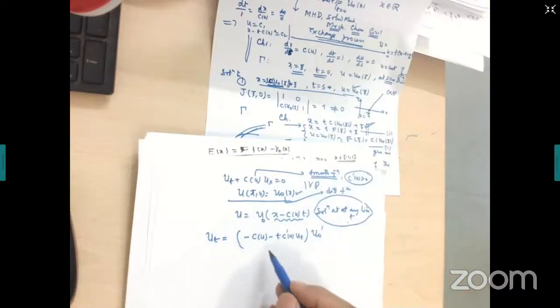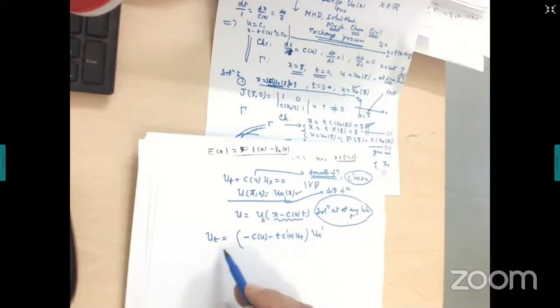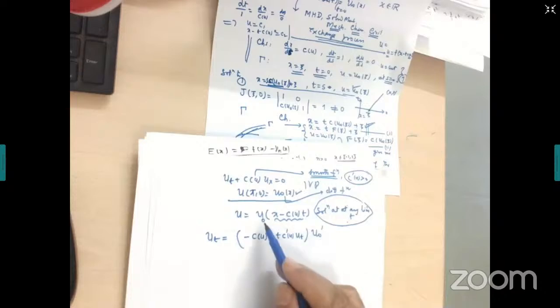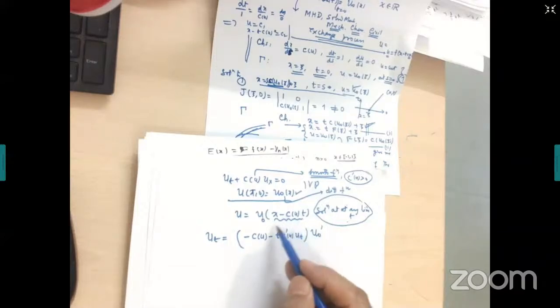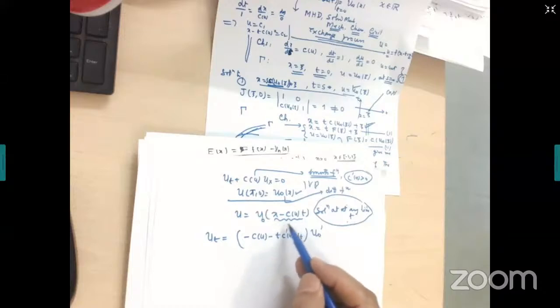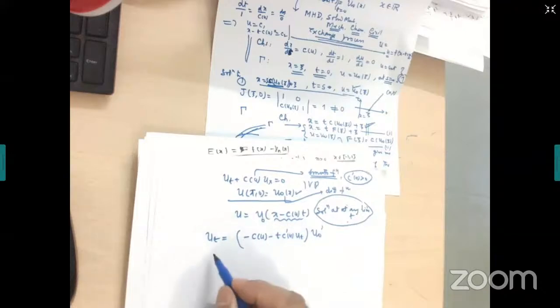So partial u, partial t will be u naught dash, where dash means the derivative with respect to this expression, x minus c t.